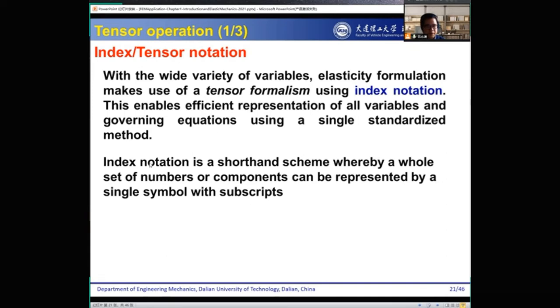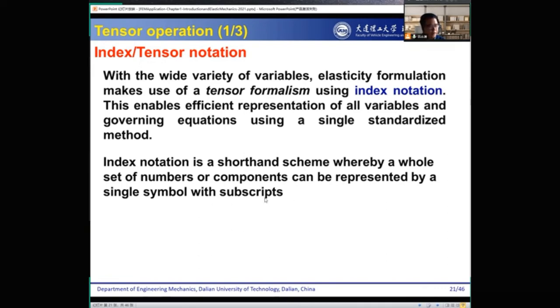The index notation is a shorthand scheme where a whole set of numbers or components can be represented by a single symbol with a subscript. This is the definition of the index notation.